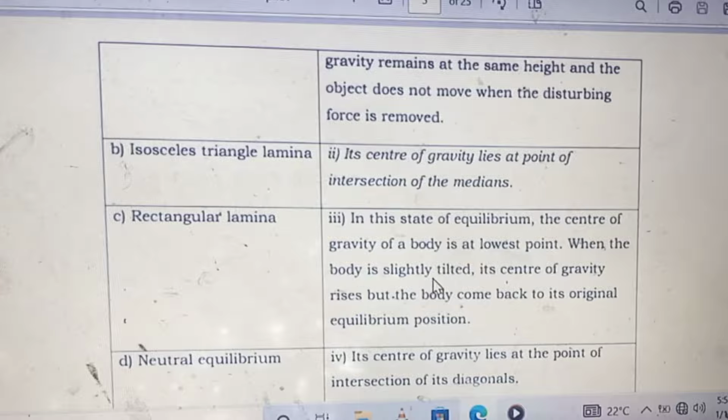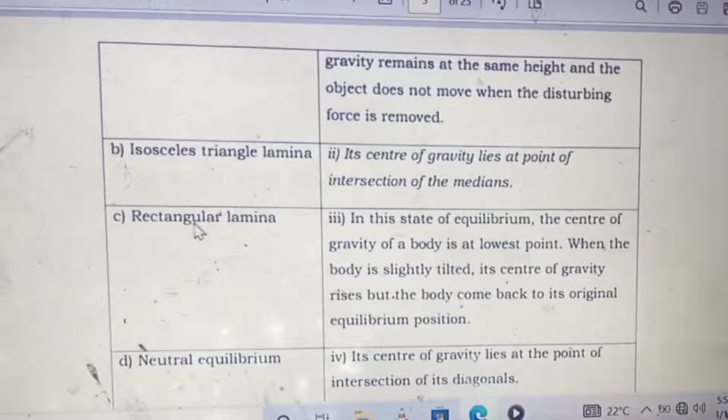When the body is slightly tilted, its center of gravity rises, but the body comes back to its original equilibrium position. B. Isosceles triangle lamina. Match to II. Its center of gravity lies at the point of intersection of medians.